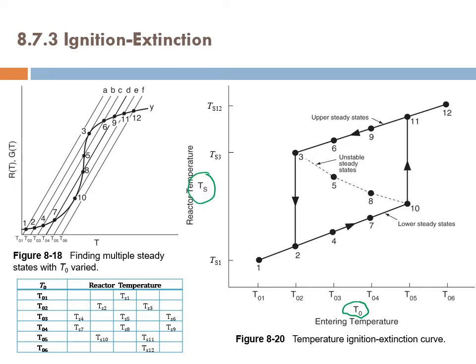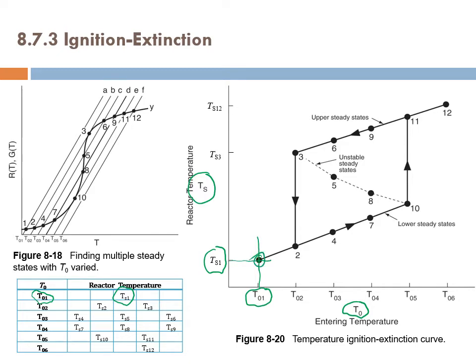For the first case, where we have T01, the feed temperature, we have one steady state temperature. This is T01, and this is TS1. Let's go up like this, and here we go. This is the first point.